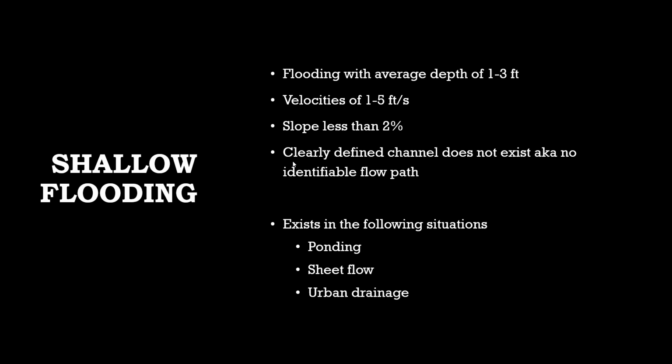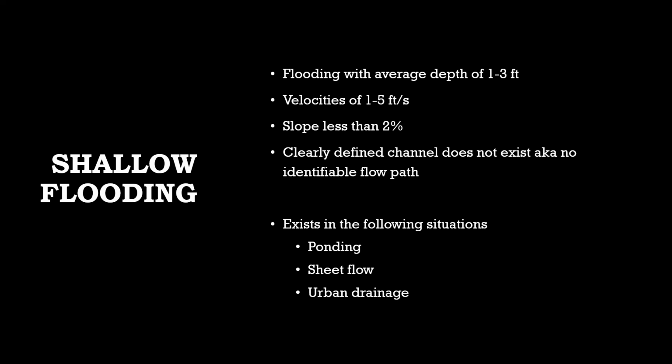We left off last week at shallow flooding, which is your AH and AO zones. Shallow flooding is flooding with an average depth of 1 to 3 feet, with a velocity of 1 to 5 feet per second. Of note, sheet flow is the type of shallow flooding that actually has velocities.